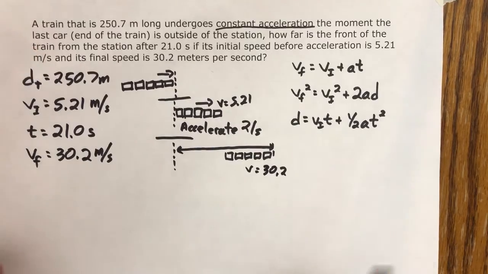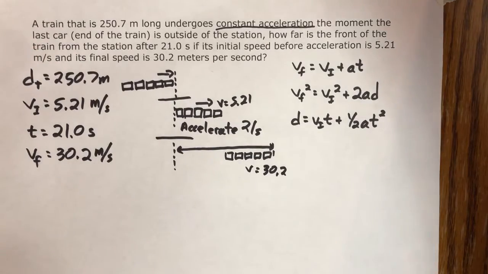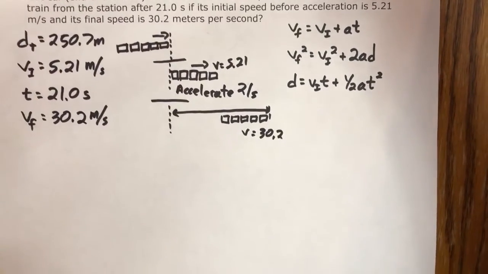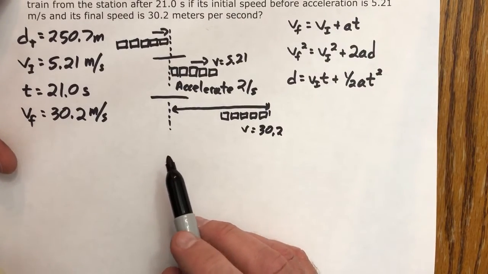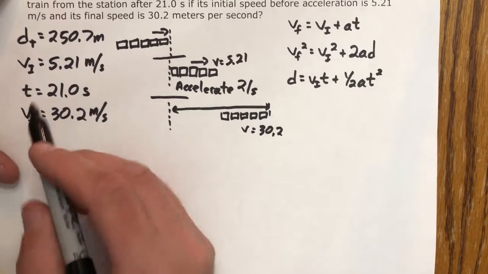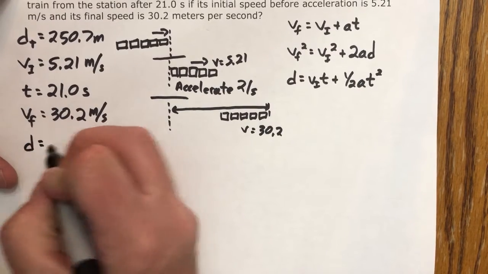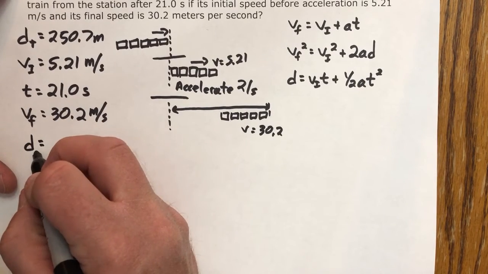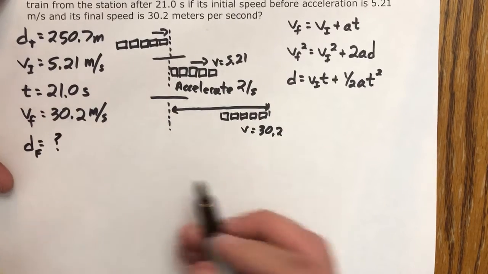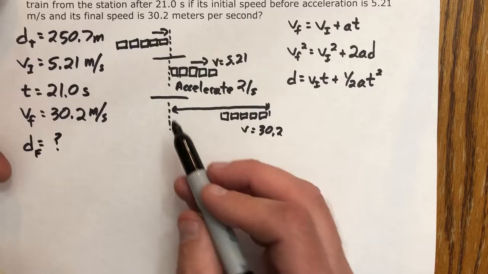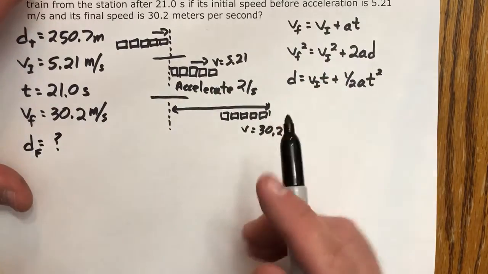So what we're going to do, let me move my camera here and give me a little more space, is find the displacement of the front of the train. I'm going to put an F here. That's the front of the train. That's what we're trying to find. So it's really kind of two questions in one.